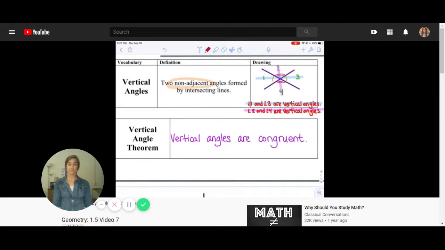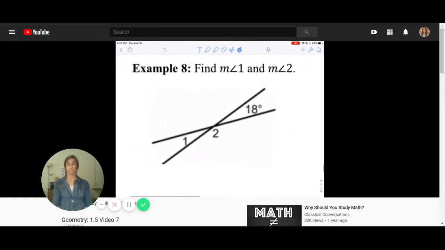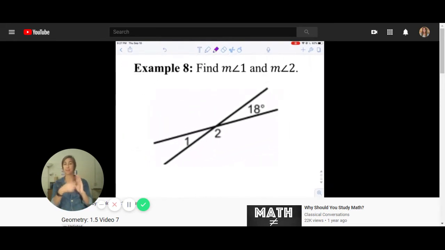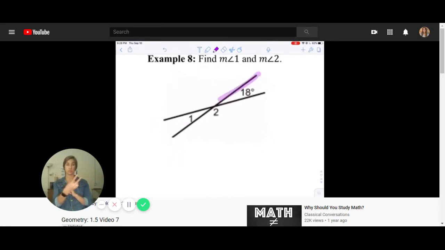So we are going to be able to use this information to help us find more angles in different geometric figures. So let's take a look at an example here in number 8. It wants us to find the measure of angle 1 and the measure of angle 2. Now we have our intersecting lines.